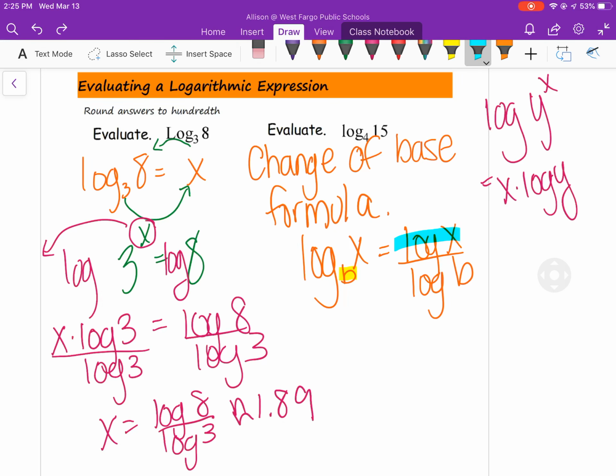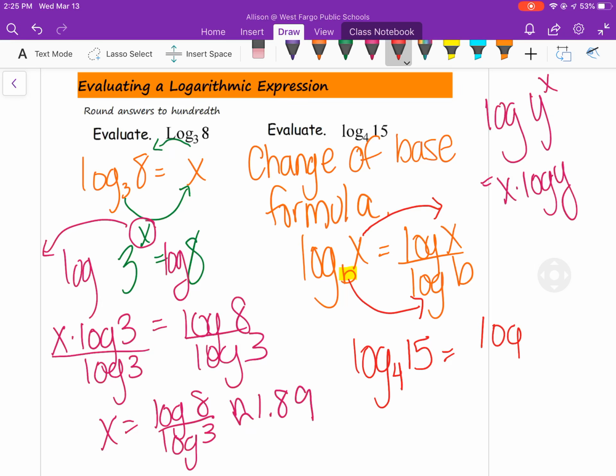I always remember it because the x, the big one, goes on top, and then the log of b goes on the bottom. So log base 4 of 15 would be the same thing as log of 15 over log of 4. It's called change of base because I'm changing it from base 4 to base 10, and I want to change it to base 10 because now I can evaluate that with the calculator.